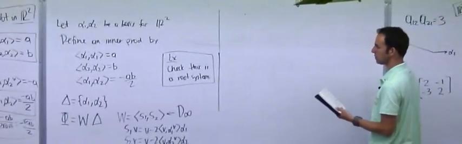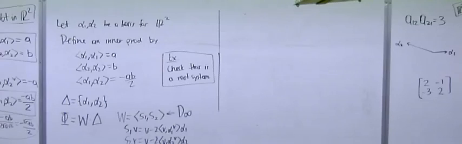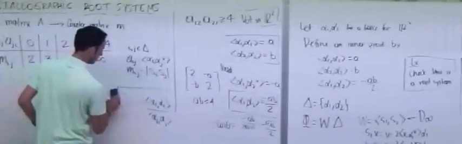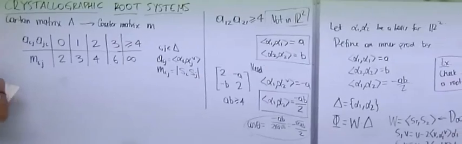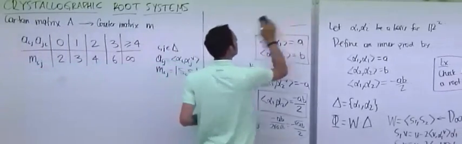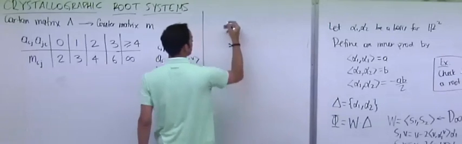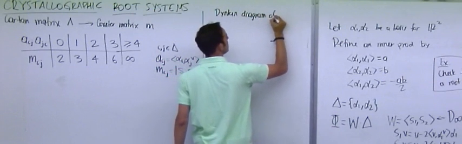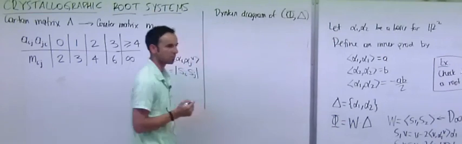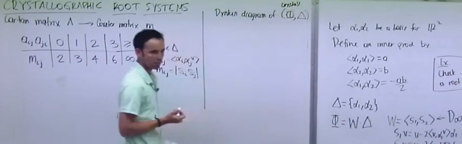Let's introduce some notation now. Something called the Dynkin diagram of a crystallographic root system.